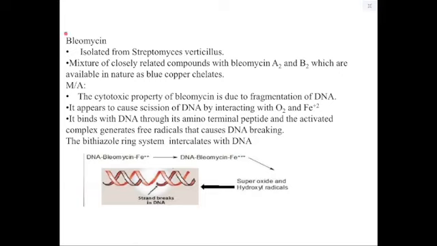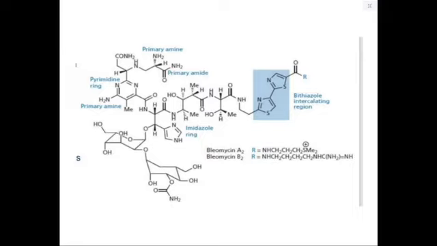Another of the antibiotics is bleomycin, and it is isolated again from Streptomyces, a mixture of closely related compounds where you have bleomycin A2 and B2, which are available in nature as blue copper chelates, so they are chelated to copper. Mode of action, I think I also have their structure.